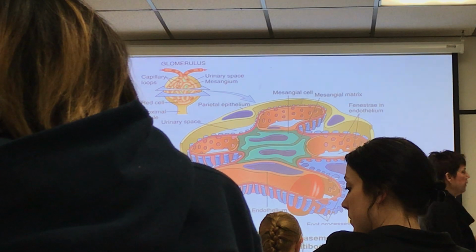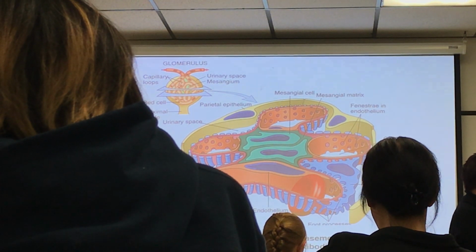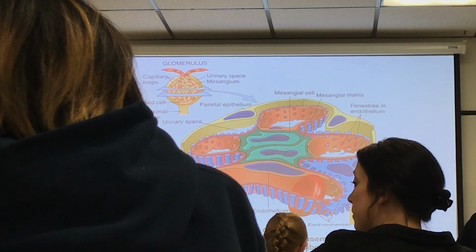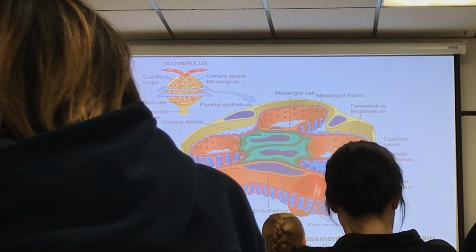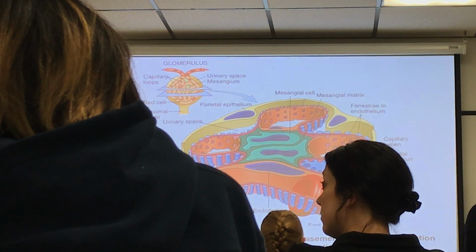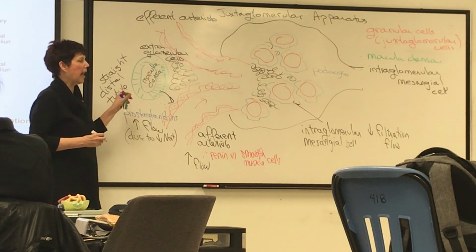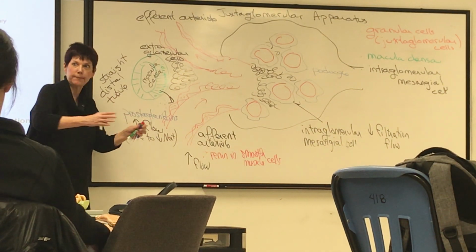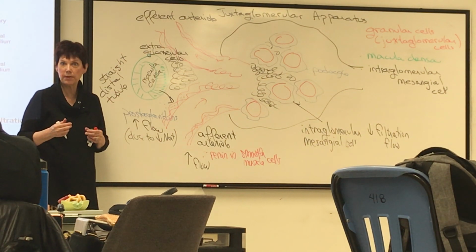So again, if we have high filtration rate, the prostaglandins are released due to low sodium. With a high filtration rate, the filtrate is flowing through the proximal convoluted tubule too fast to reabsorb much sodium.